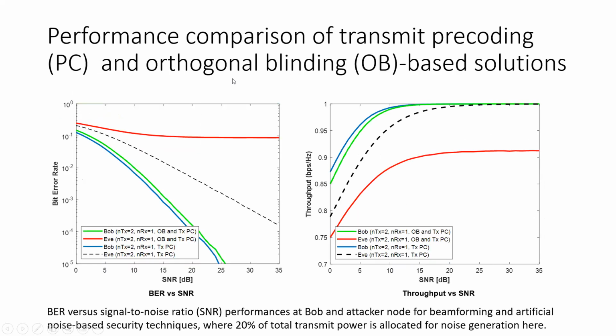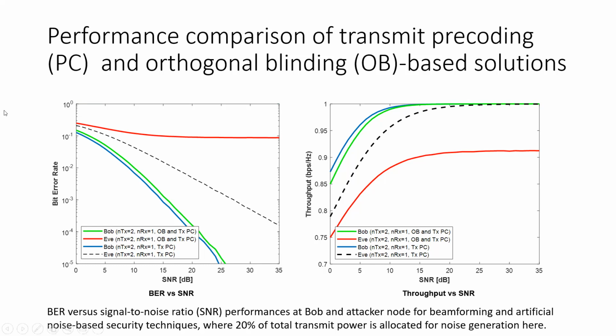Finally, to show the performance of artificial noise, I compare two cases. The first case is I'm using transmitter precoding based physical layer security techniques and artificial noise based security techniques. The left figure shows the bit error rate performance at Bob and the eavesdropper.